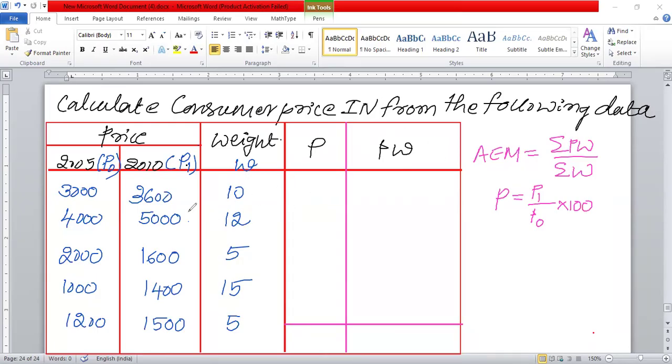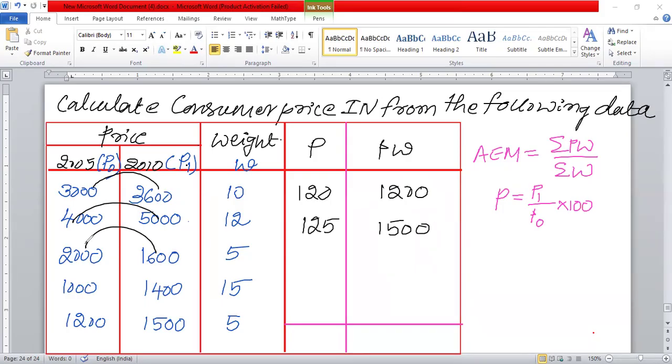Okay, so 3,600 divided by 3,000 into 100, so 120. 120 into 10, so 1,200. So 5,000 by 4,000 into 100, so 125. 125 into 12, 1,500.